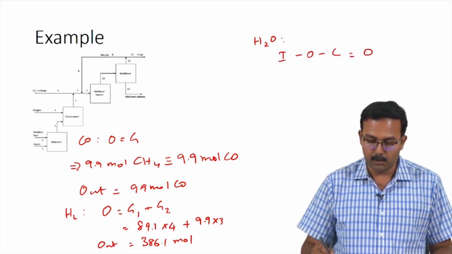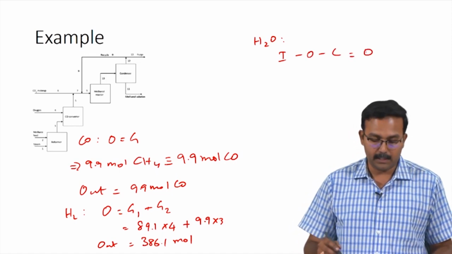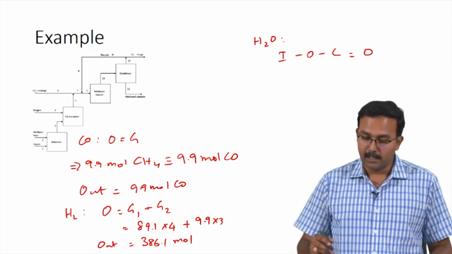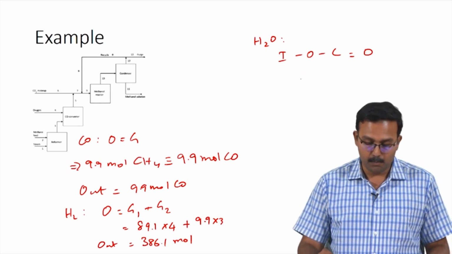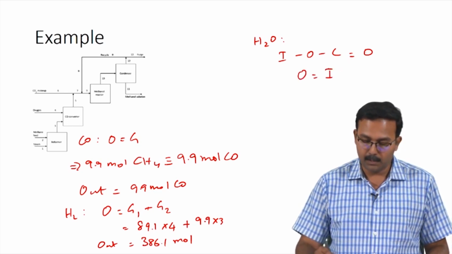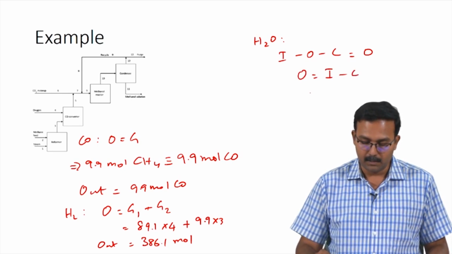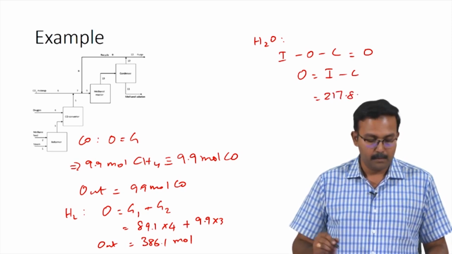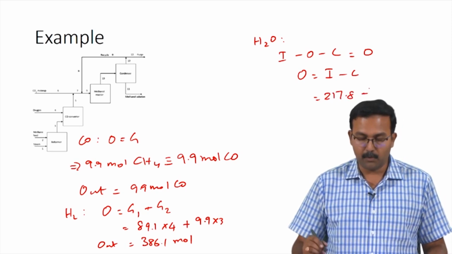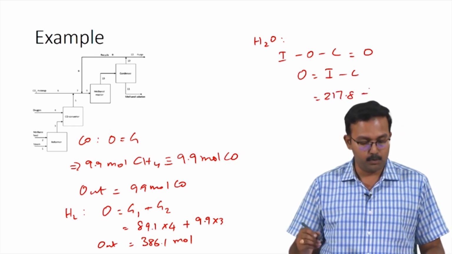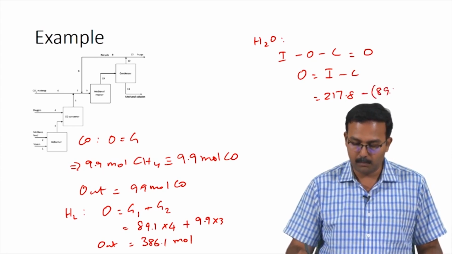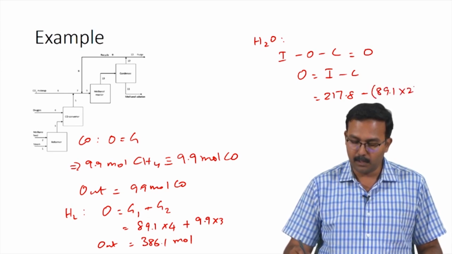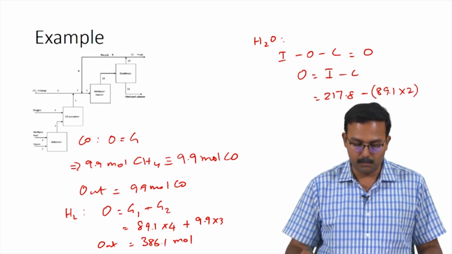If we were to write a balance for water, we know that input minus output minus consumption would be equal to 0, because water is not generated as it is a reactant and accumulation would be 0 at steady state. Thereby, output is actually equal to input minus consumption. So, input is 217.8. Based on the stoichiometry, for every mole of carbon dioxide produced, 2 moles of water was consumed. So, for 89.1 moles, you have 89.1 times 2 moles of water consumed.